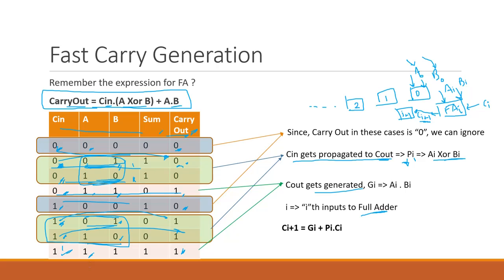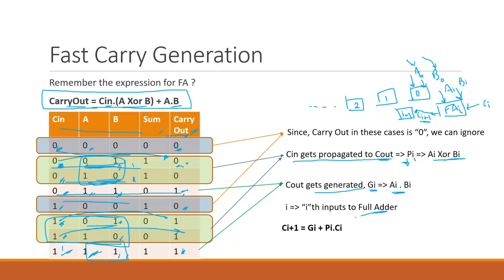Only when Ai and Bi are both 1 do you get the C out as 1. So we say the carry out gets generated, and we represent this as Gi. The carry out is generated by the expression Ai dot Bi, that is Ai AND Bi.